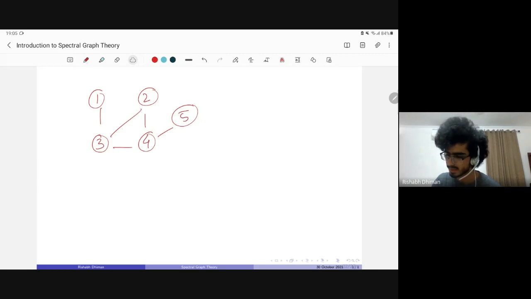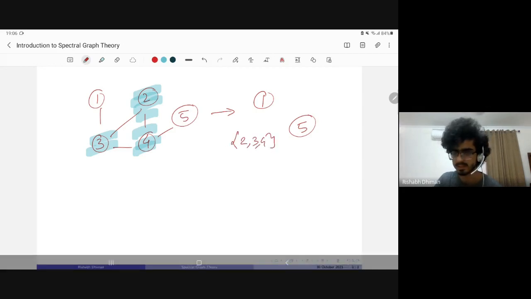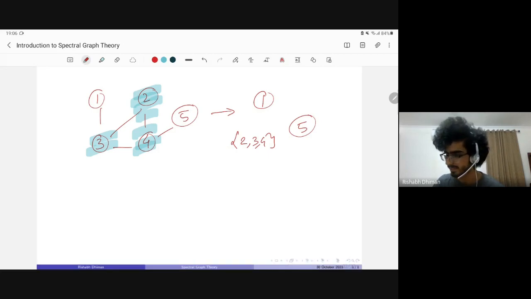Now, say I take 2, 4, and 3, and I remove all of them from the graph. This graph becomes 1, 5. So 2, 3, 4 is a disconnecting set.